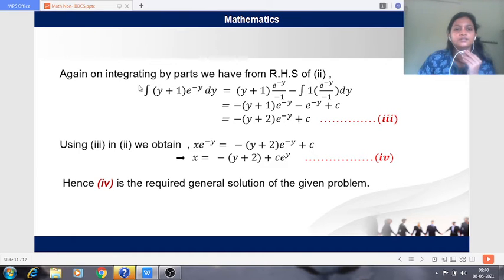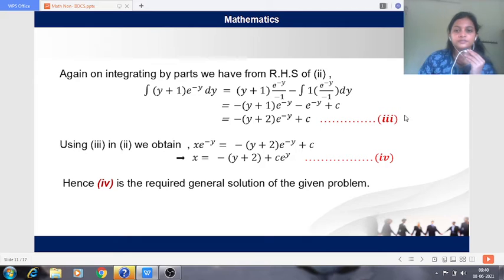Then on integrating by parts, from the RHS of equation 2, integral of (y + 1) e to the power minus y dy is equal to minus (y + 2) into e to the power minus y plus c. C is the integrating constant. We number this equation as 3.